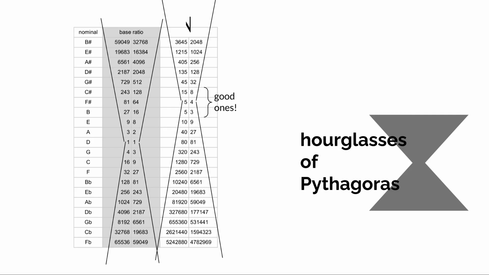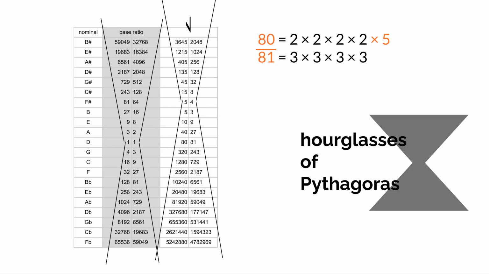You can see here that this section has its own hourglass shape, but it's offset from the base Pythagorean chains. That's because the syntonic comma down, in addition to its all-important prime factor of 5, has 4 2s in its numerator and 4 3s in its denominator.